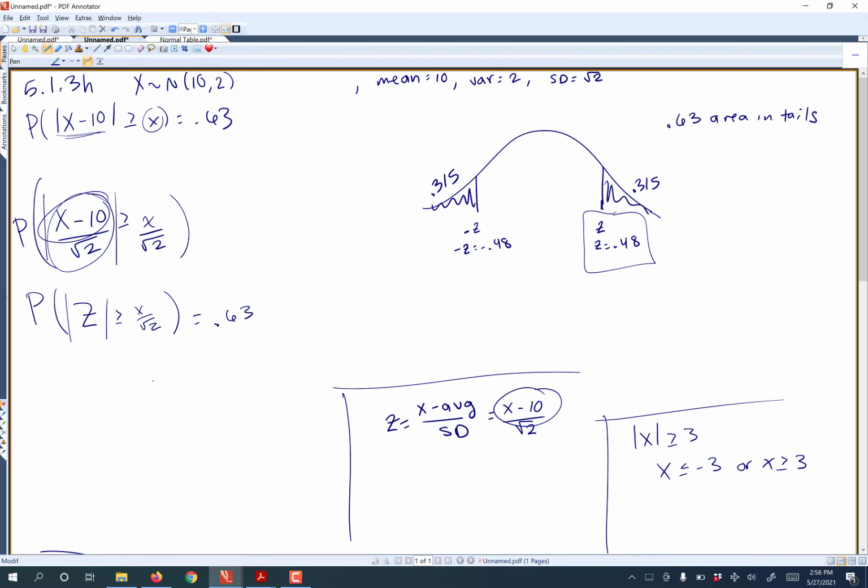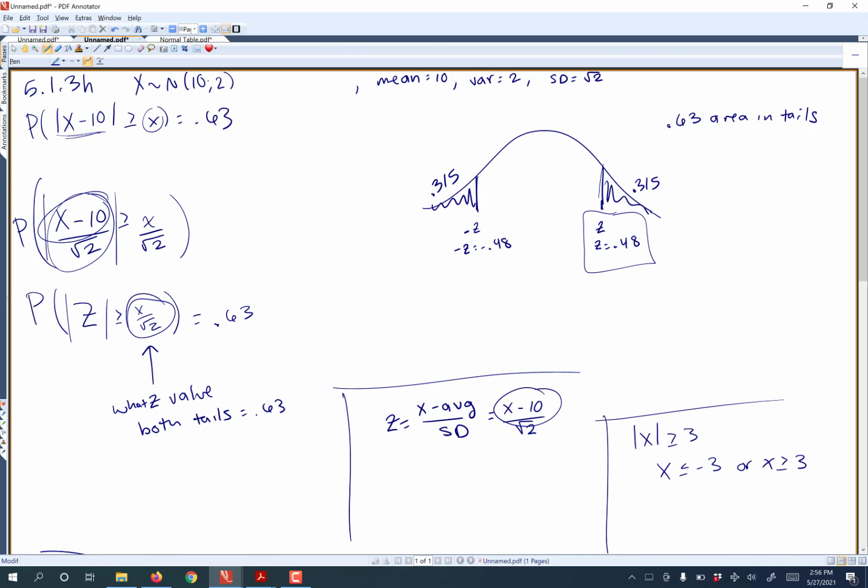So basically it's saying what z value gives you both tails equal to 0.63. Because we changed from x minus 10 to x minus 10 over square root of 2, that became just a z value. So now this whole thing is supposed to be a z value that both tails will give you an area of 0.63.